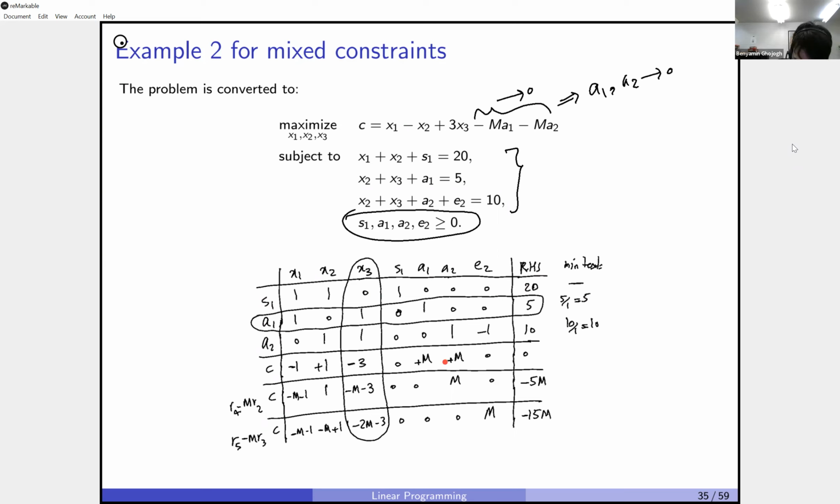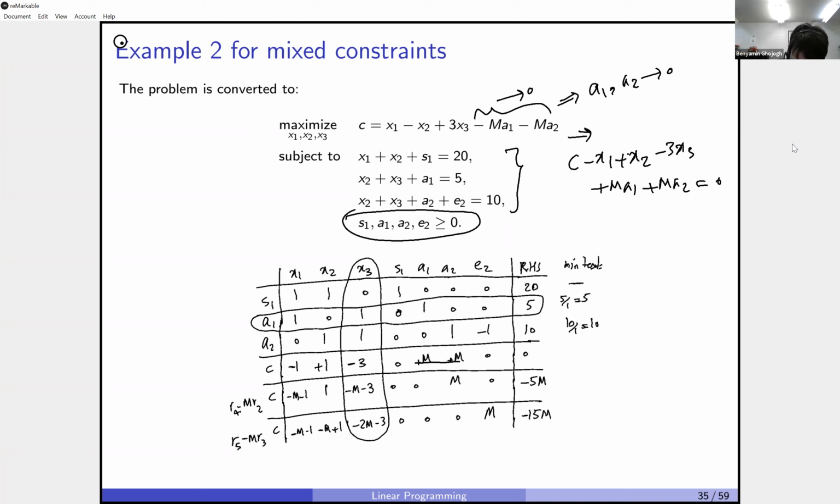Now we have this row, so minus, do you remember? See, I bring all of these to the left hand side. Minus x1 plus x2 minus 3x3 plus MA1 plus MA2 equals 0. So I write it here as I have written it here.